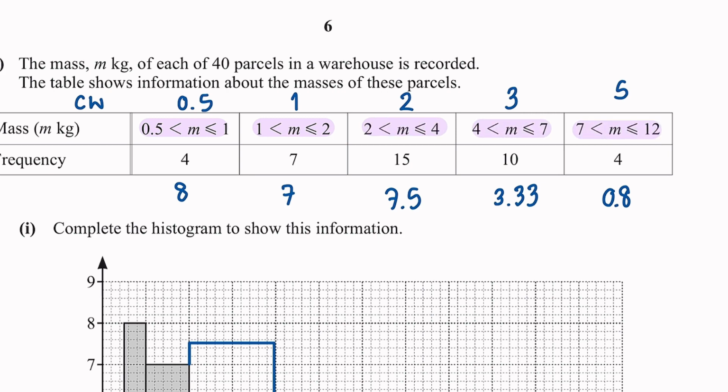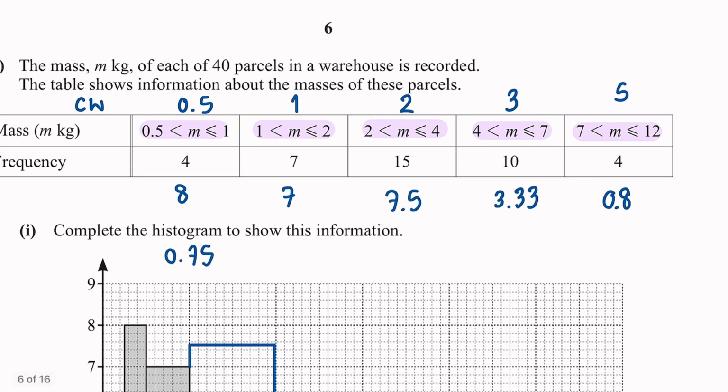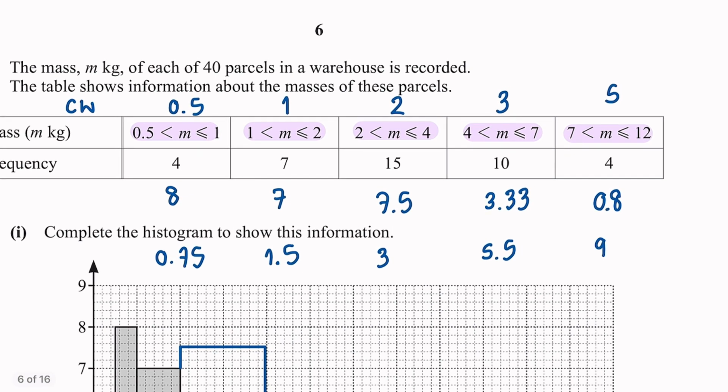The mid value of the first one is 0.75. For the second one is 1.5. The third one is 3. The fourth one is 5.5. And the last one is 9.5.